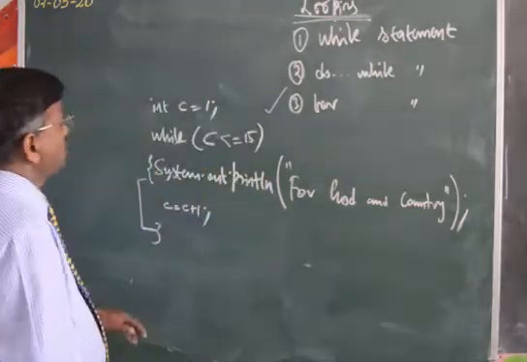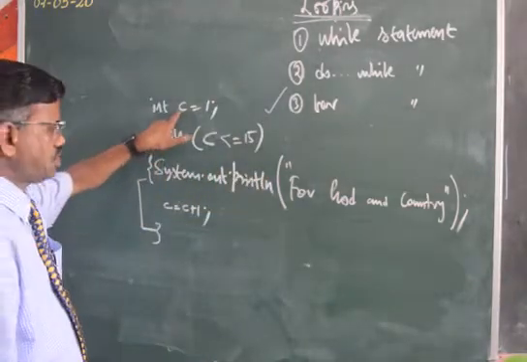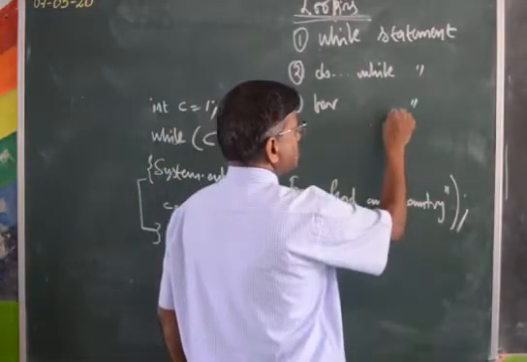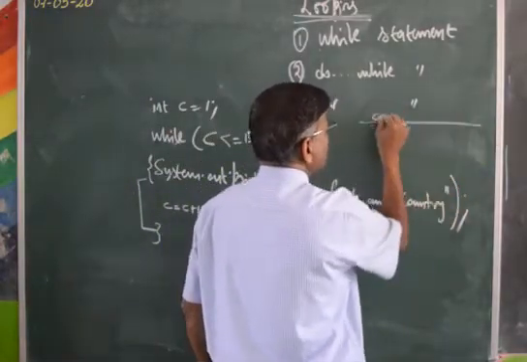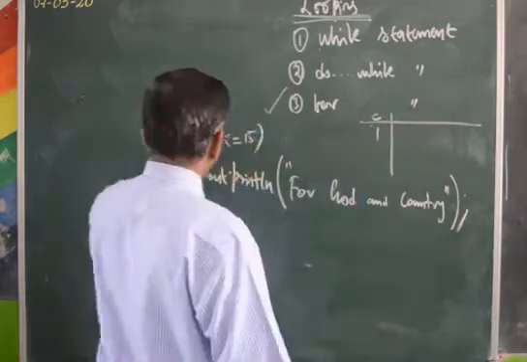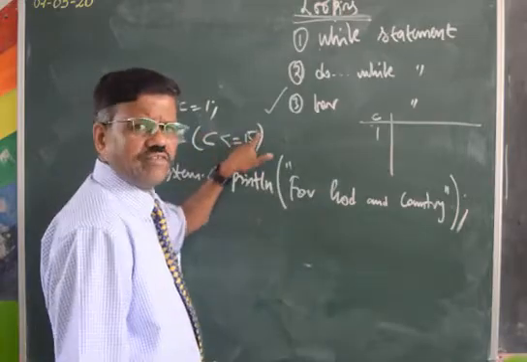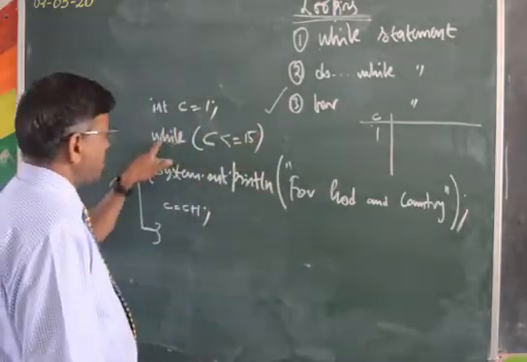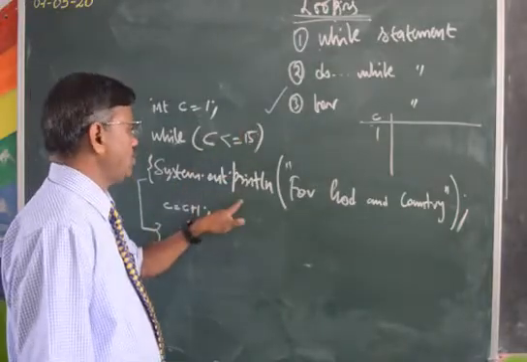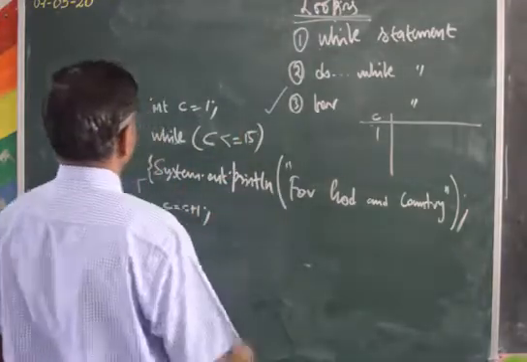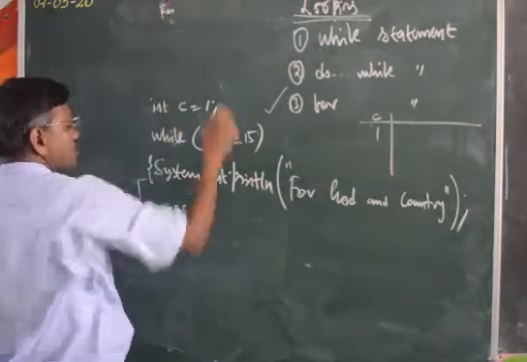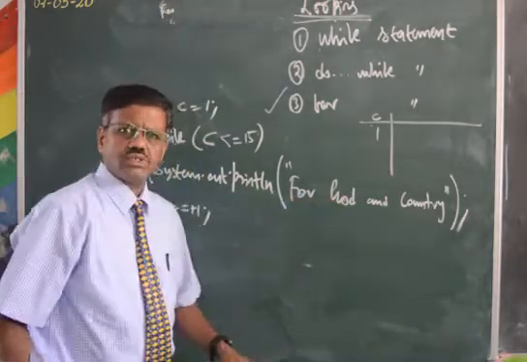Here I initialize. Let's have a table. The C value is 1. Right now the C value is 1, which is less than 15. While 1 is less than 15, yes, it comes down. What does it do? On your monitor it displays for God and country.